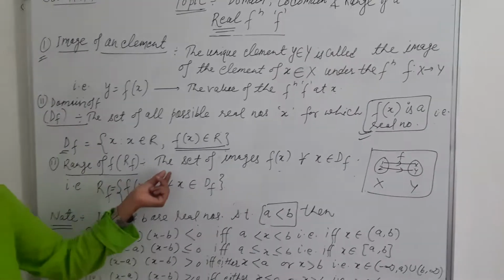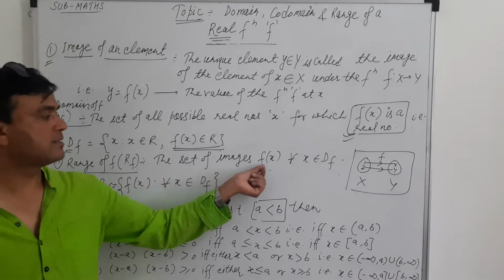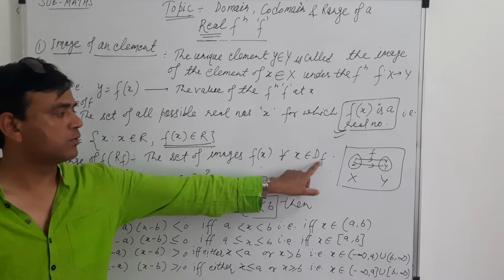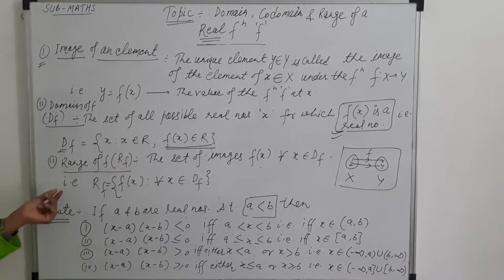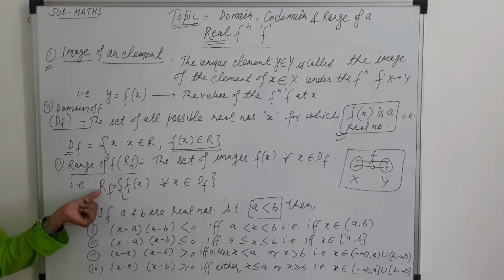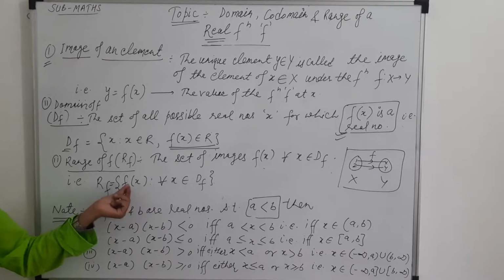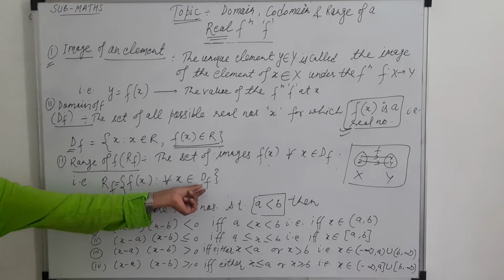Let's look at the definition of the range of the function. The set of images f(x) for all x belonging to the domain of the function is called the range of the function, and in roster form you can write this as: range of the function is equal to the set of all f(x) such that x belongs to the domain of the function.